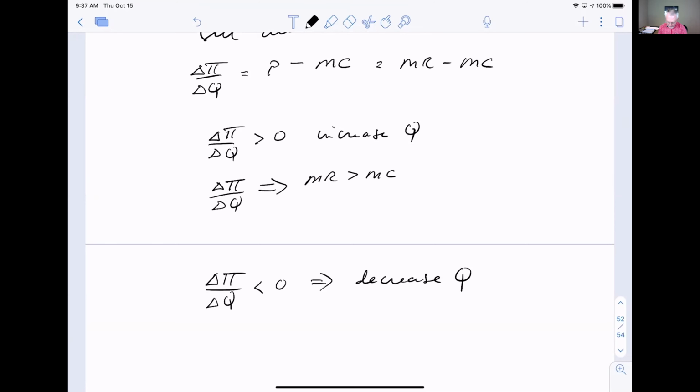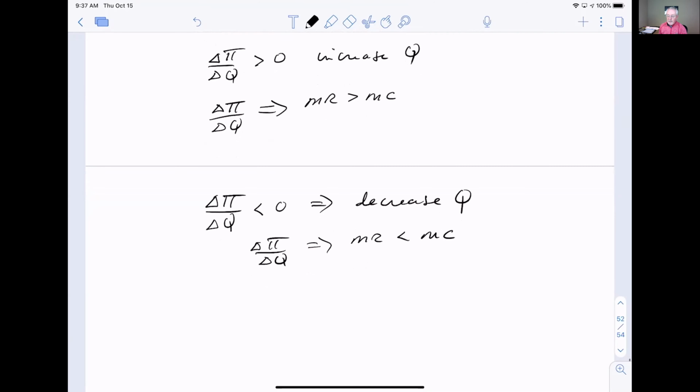And obviously, in this case, marginal profit being negative would imply that marginal revenue is less than marginal cost. So the additional revenue I generate from producing and selling an additional unit is not sufficient to cover my cost of production. In fact, I can reduce output and my costs would fall more than my revenue. So my profits would go up. So whenever marginal profit is positive, I increase Q. Whenever it's negative, I decrease Q.